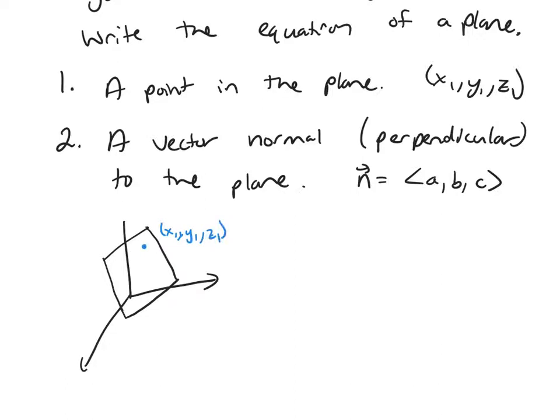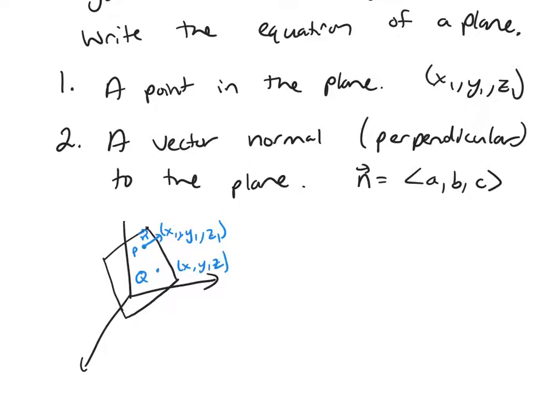And I also have a vector that's perpendicular to this plane, so it forms an angle of 90 degrees. We called it n. Here's my point P. I'm going to take any other point on this plane, let's call it Q, and I'm going to represent it with an x, a y, and a z because it's an arbitrary point.